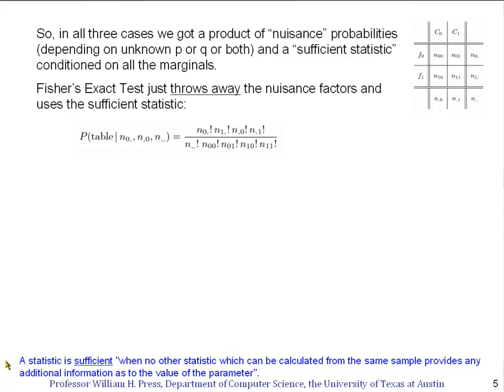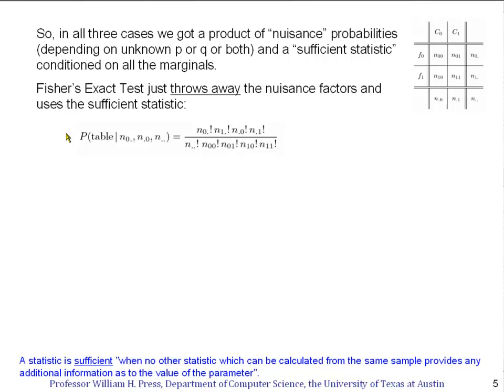Now, what many people do with contingency tables is use something called Fisher's exact test. Fisher's exact test ignores the nuisance probabilities p and q. It just throws them away, and it uses the hypergeometric probability that was common to all three protocols and says that's the probability of the table.